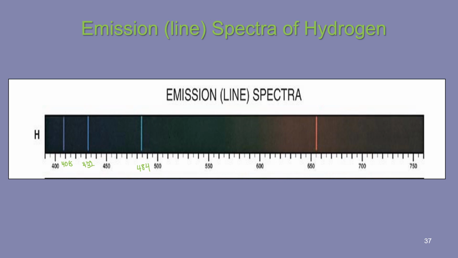Then this one's up here at about 660. So these are the 4 wavelengths that you end up with when you plug 3, 4, 5, 6 into that equation.